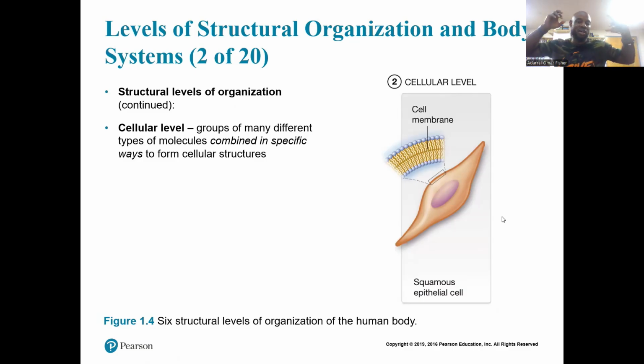If I have oxygen floating around in the air, it's not a living organism, but it helps make living organisms. And the cell is made up of a chemical structure that is considered to be alive. Cell, the smallest unit of life, able to carry out all the necessary functions. And so that's the cellular level.